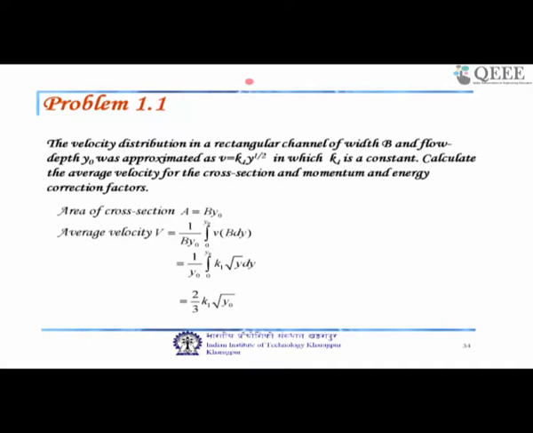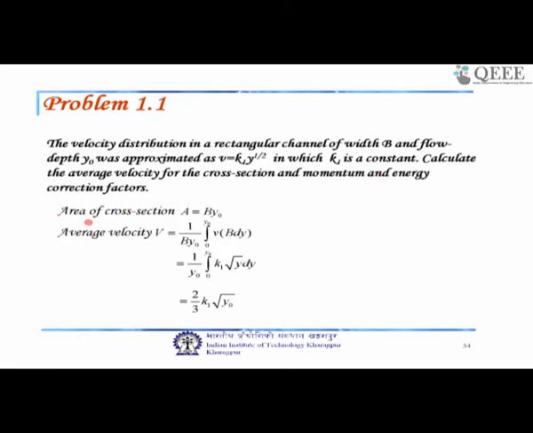In this case, the velocity distribution in a rectangular channel of width b and flow depth y naught was approximated as v equal to k1 y to the power half, in which k1 is the constant, and calculate the average velocity for the cross section and momentum and energy correction factors.